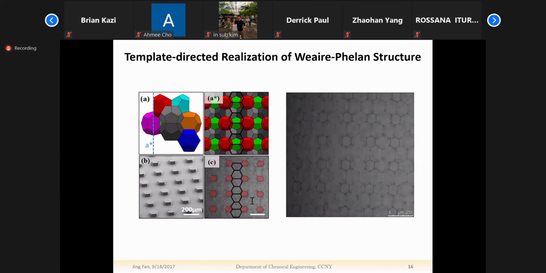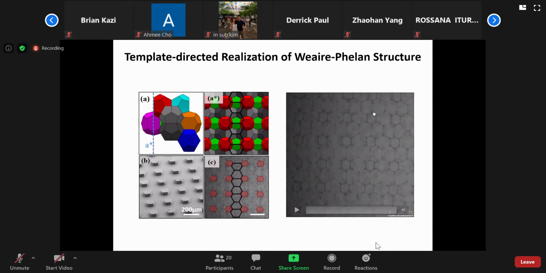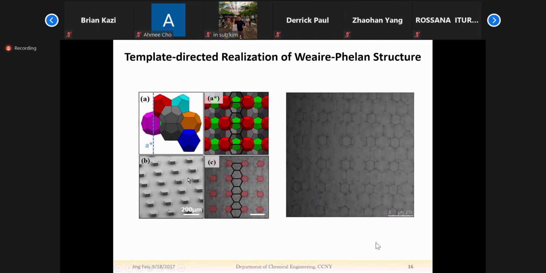We have to have some container to hold the droplets, or bubbles, but this structure is not compatible with a flat surface. So we have to use some template with some structures to be compatible with the Weaire-Phelan structure. And with this simple structure, which is made by soft lithography, a PDMS plate, we also realized the Weaire-Phelan structure.